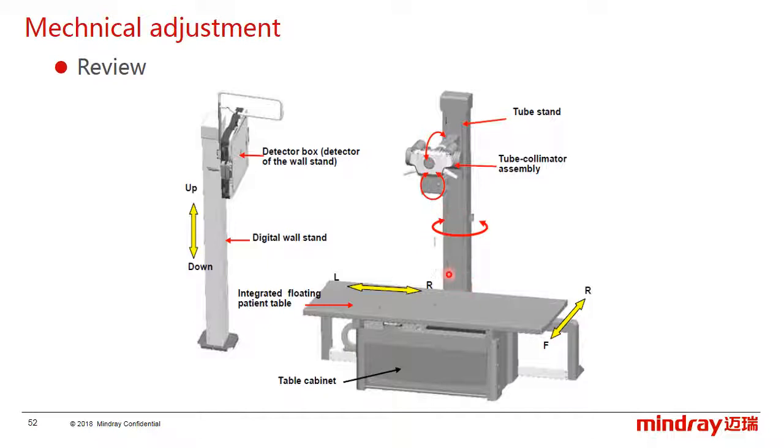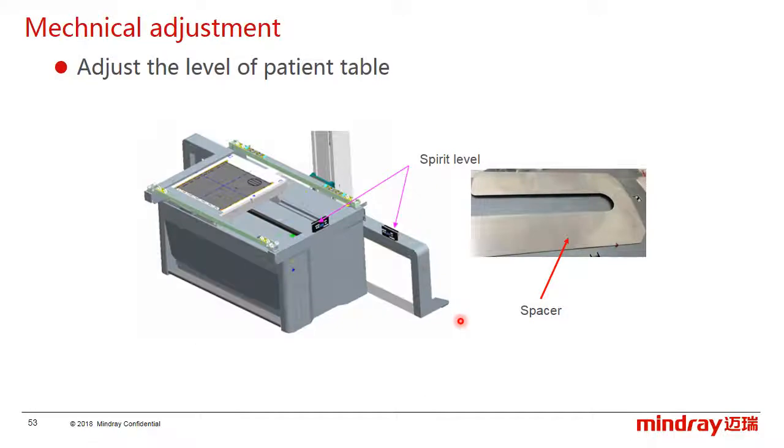It includes 4 rotations: the tube stand rotation, tube vertical and pitching rotation, the collimator rotation, and 6 linear movements: the tube stand movement, the tube and collimator assembly movement, the tabletop movement, the under-table detector box movement, and the last is the detector box on the workstand.